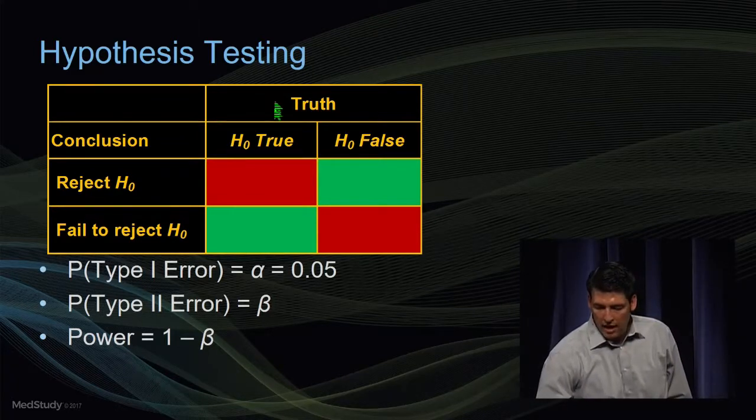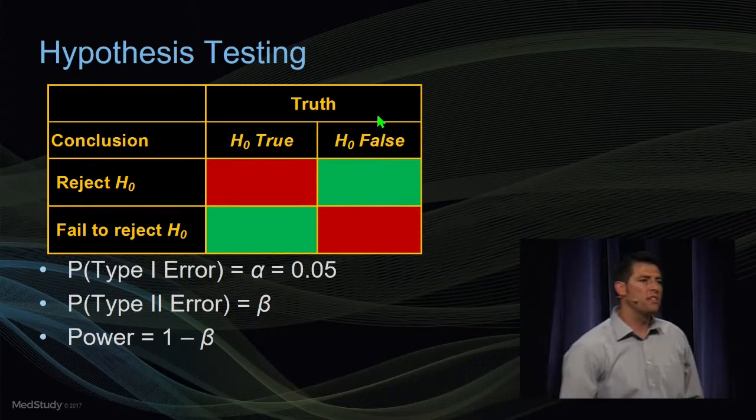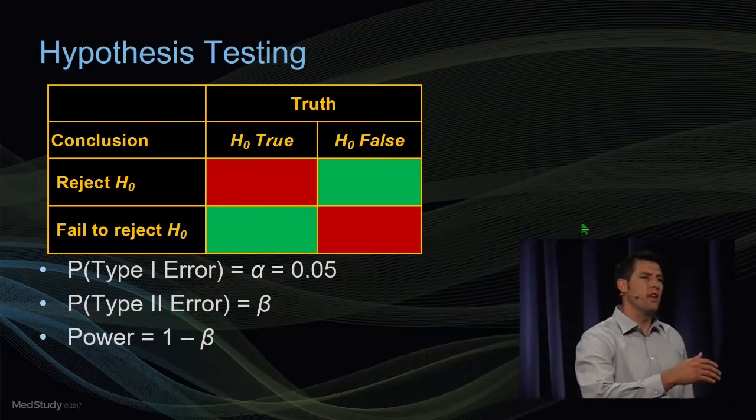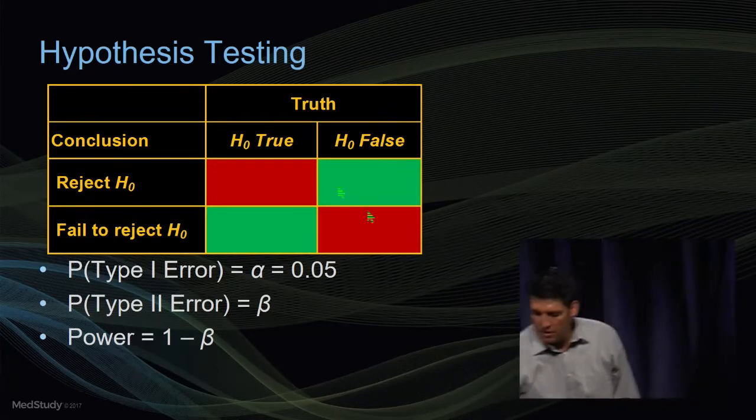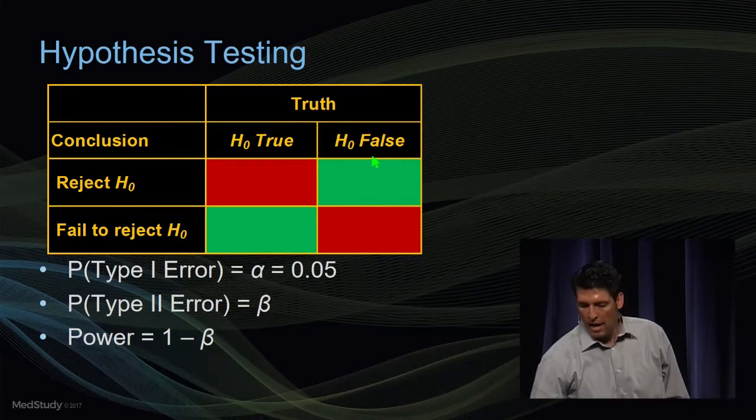So I've got this little table here, and the columns unfortunately represent things that we really in practice never know. This is the true status of the null hypothesis. The first column is that the null hypothesis is true. And the second column is that the null hypothesis is really false.